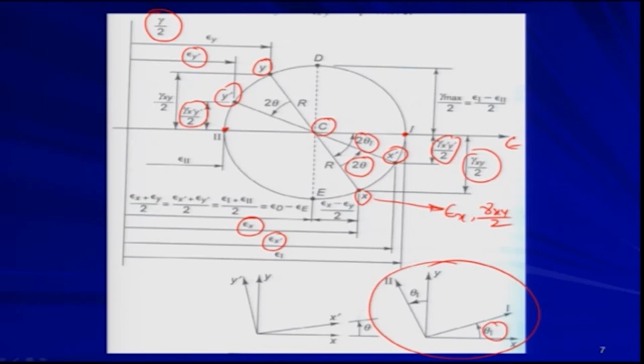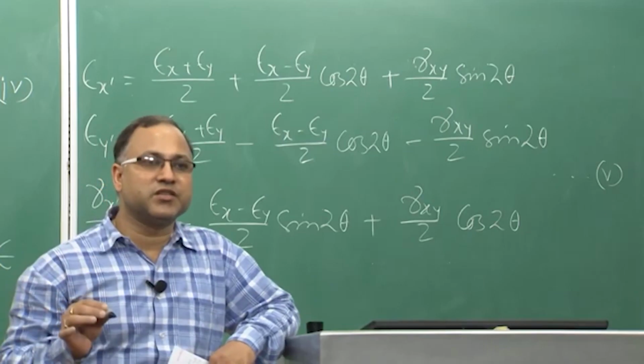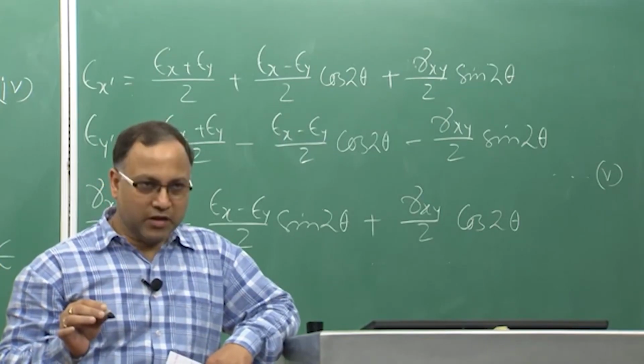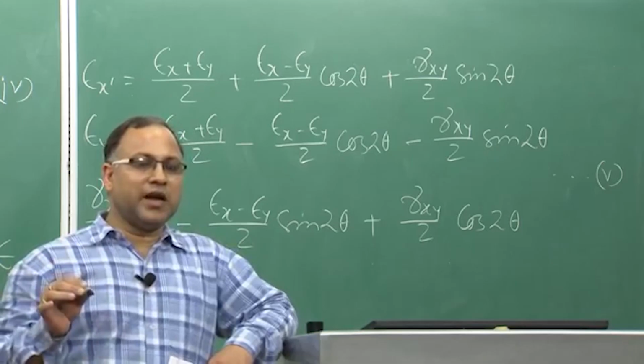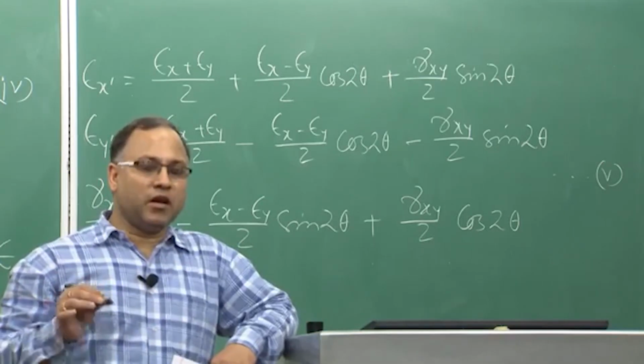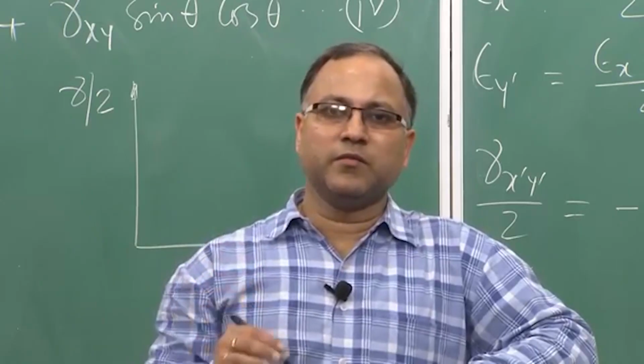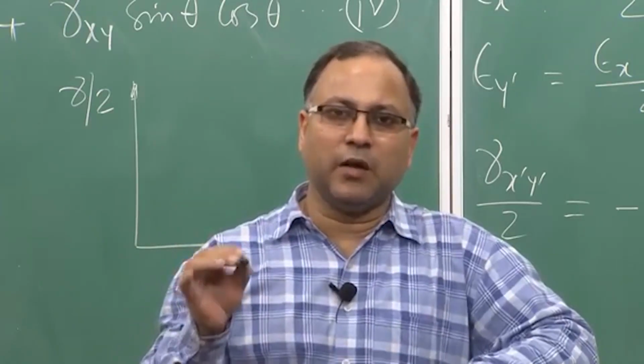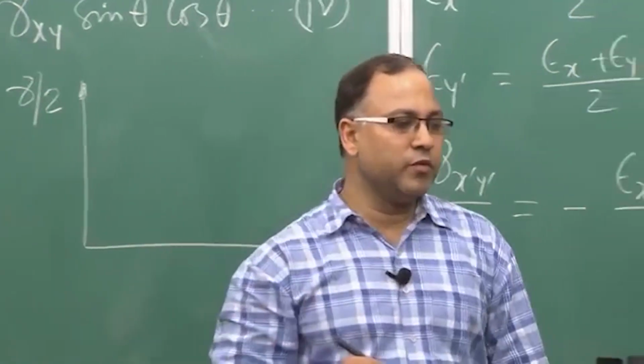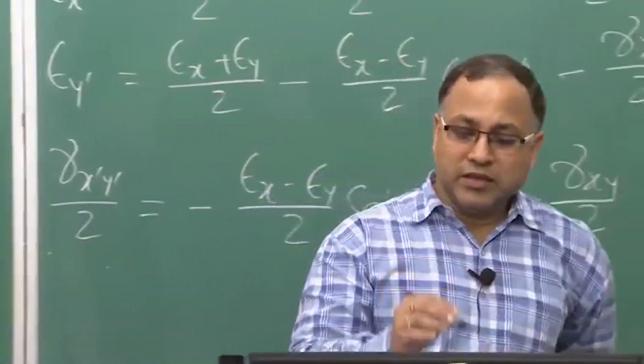And now, very similar to stress, you get 2 points D and E where your normal strain is the same, but you get the maximum possible shear strain. That is, the gamma value, not gamma xy, the shear strain becomes maximum on these planes.